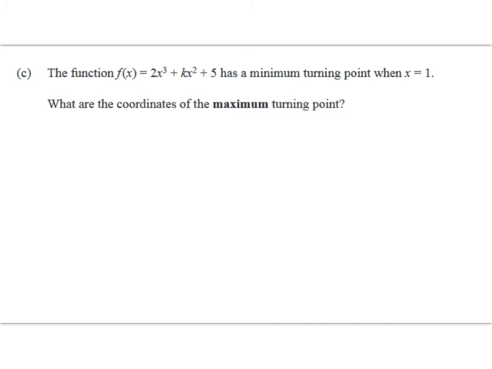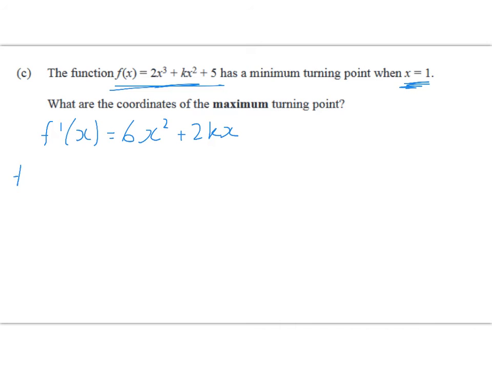Okay, so this one here is also a merit question. We're given a function, and we're told that it's got a minimum turning point when x equals 1, and we're asked to figure out the coordinates of the maximum turning point. So let's look at what we know. Well, we know that the gradient function is 6x squared plus 2kx.